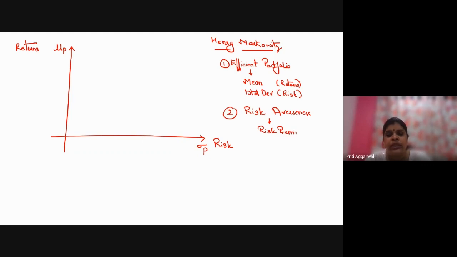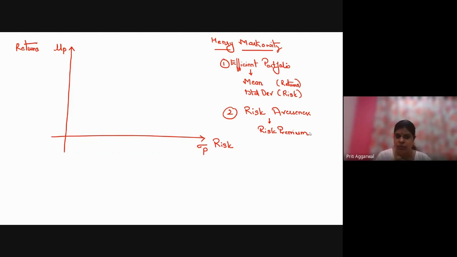That is the other assumption which was made by Henry Markowitz's portfolio optimization theory, which said that every investor by nature is a risk averse individual, right? That means he wants some sort of compensation for the risk which he is taking. But depending on the risk appetite of an individual, the averseness will also vary, right? So we are not talking about all those aspects.